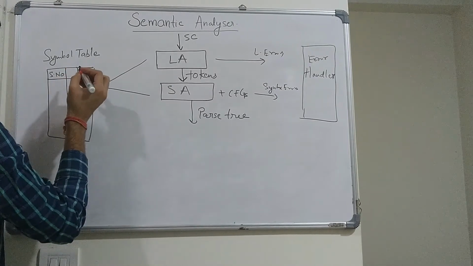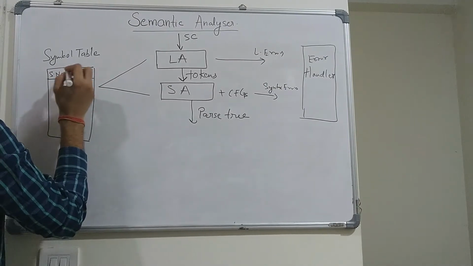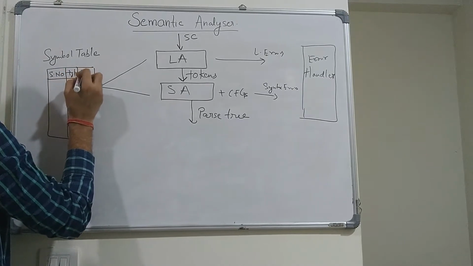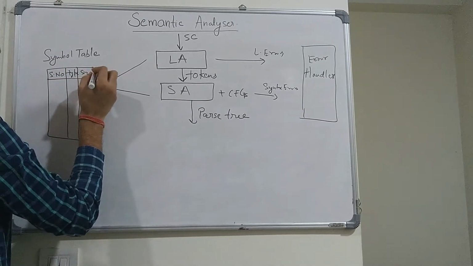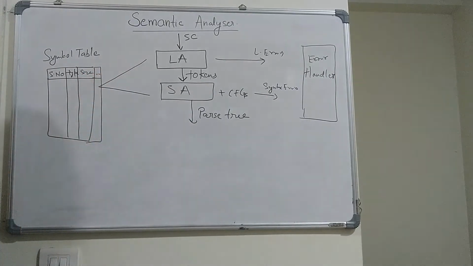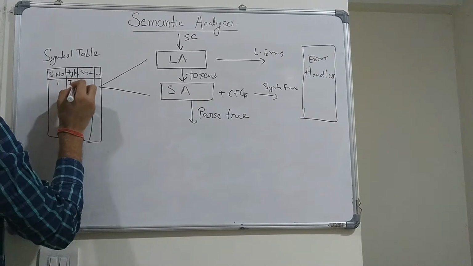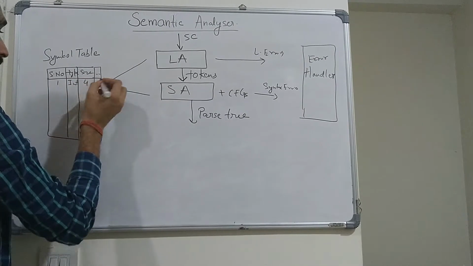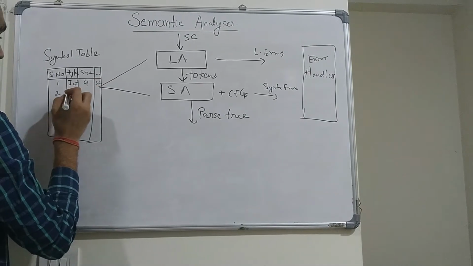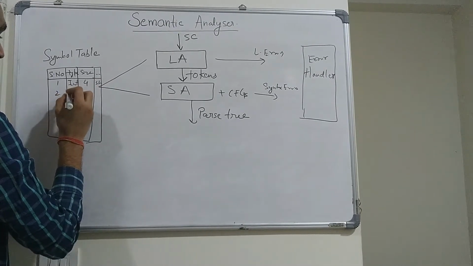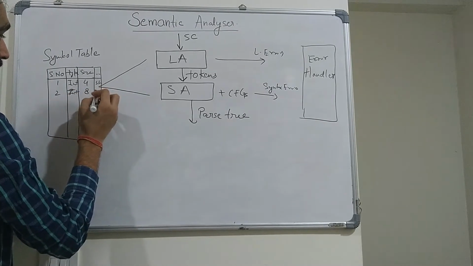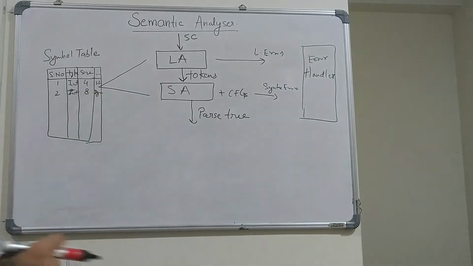The symbol table is nothing but a simple table which contains information like serial number, type of symbol, size of symbol, information about linked list and all. So let's say it is type int, size 4, and it's static. Let's say the second one is an integer pointer, which is 8 bytes, and it's a little dynamic. These kinds of information are there.